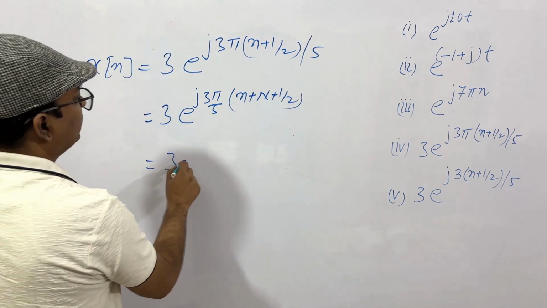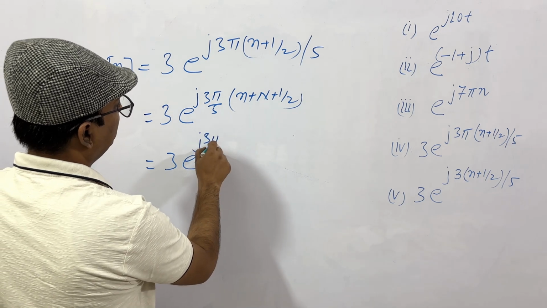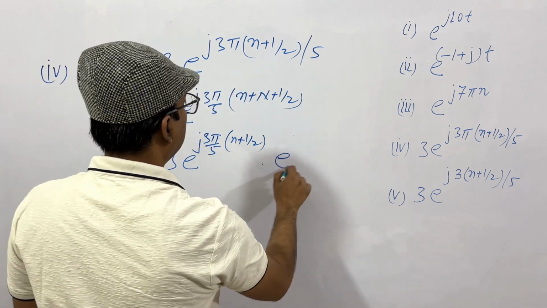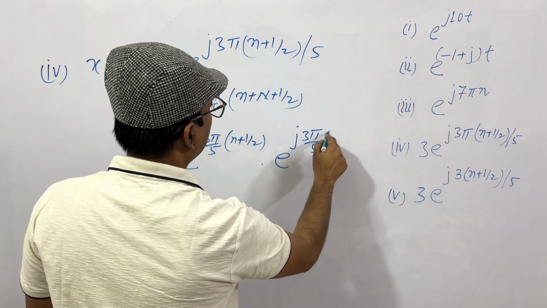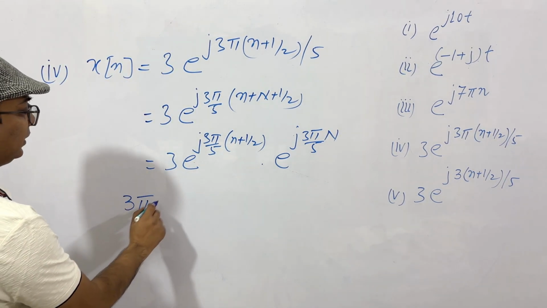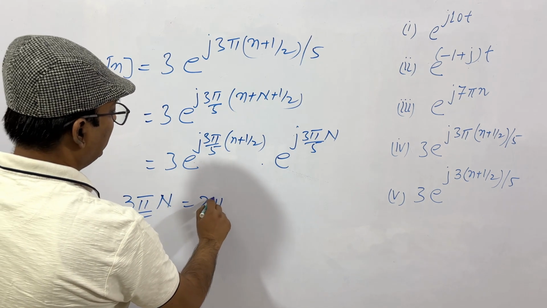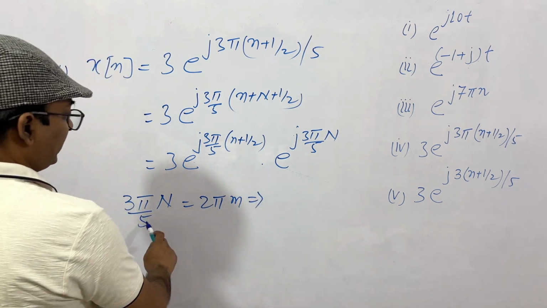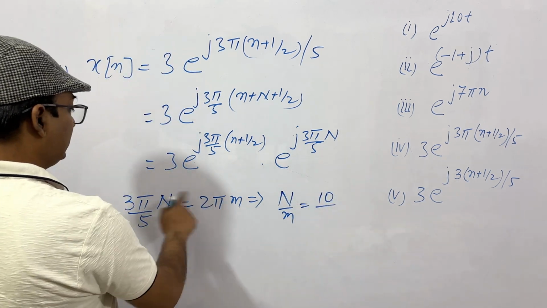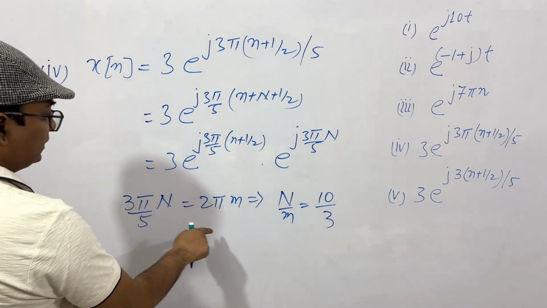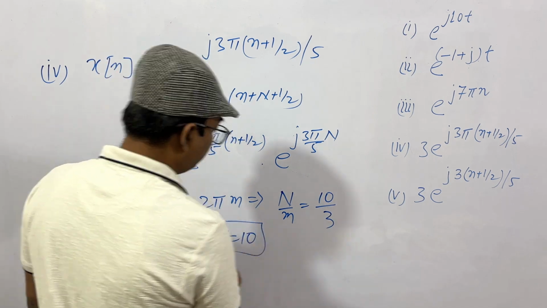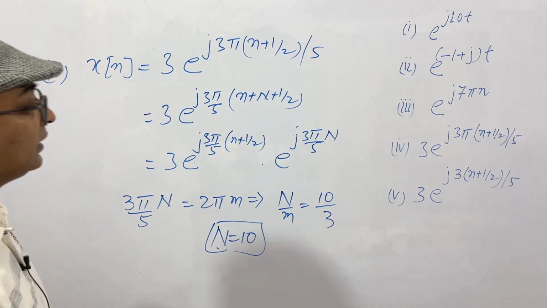Now this is equal to e to the power j 3 pi by 5 into N, times the original signal. And this has to be equal to 1. From here we get 3 pi N by 5 equal to 2 pi m. From here, N by m will be equal to 10 by 3, as pi cancels. So for m equal to 3, N is equal to 10. So N equal to 10 is your fundamental period. The signal is periodic and the fundamental period is 10.